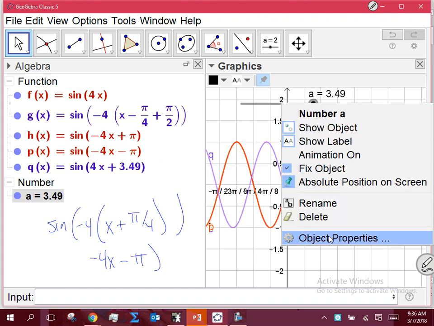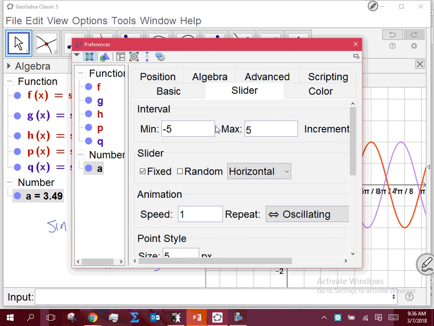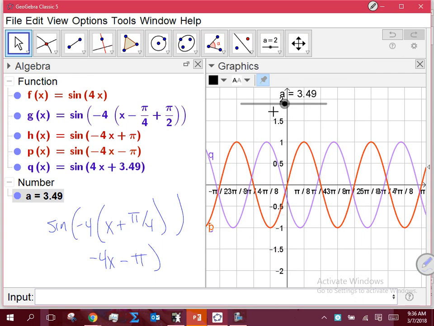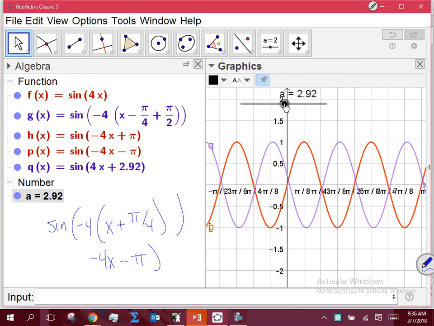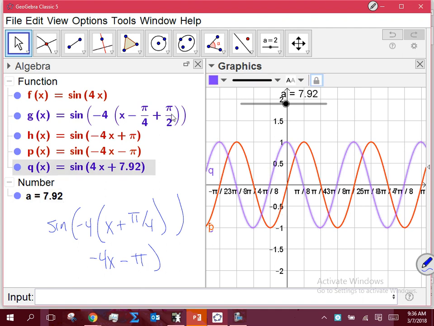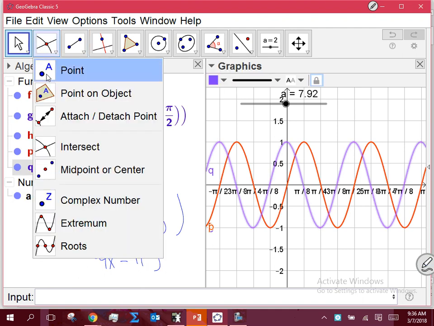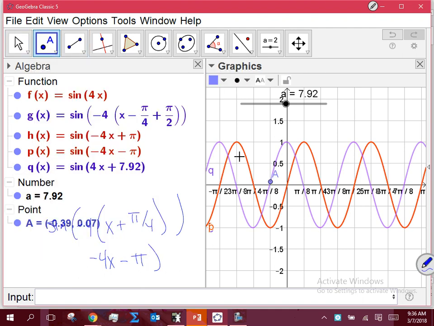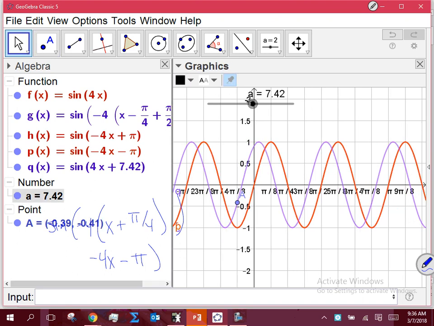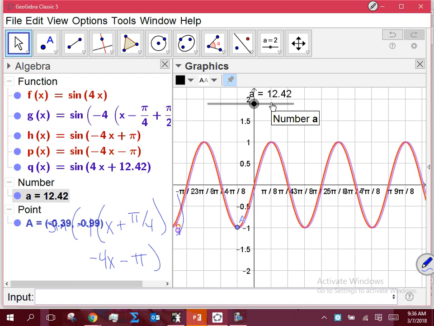And if I make this thing like 50 pi, there's a lot of different, that's really fast. All right, just to give us a reference point, that point A. We could start moving this thing and see there that they overlap, right?